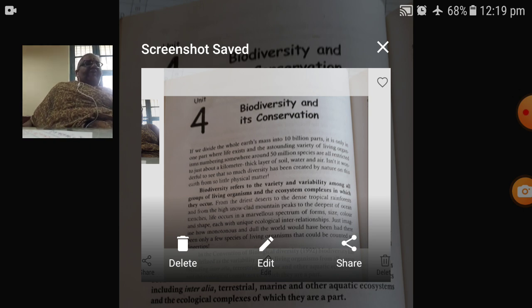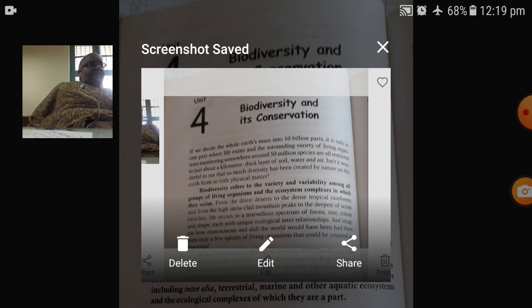See, biodiversity means what? If we divide the whole Earth's mass into 10 billion parts, we can make out that life exists only in around 1 kilometer of a thick layer of soil, water and air out of these 10 billion parts, and around 50 million species are present.